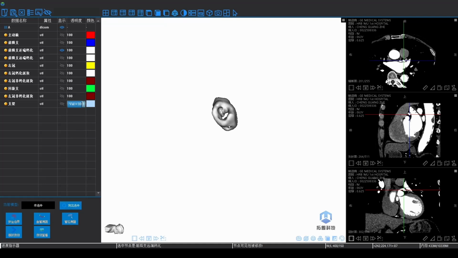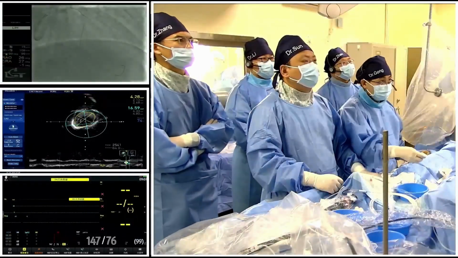Thank you. With the help from our AI system, we can see there was a severe calcified lesion circling around the left main and proximal LAD.